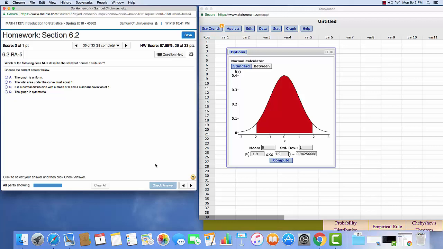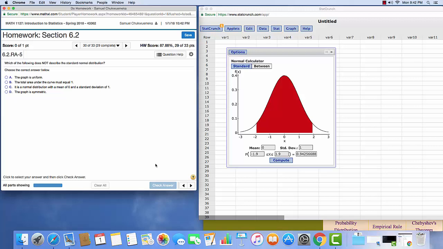Question 30. Which of the following does not describe the standard normal distribution? A. The graph is uniform. B. The total area under the curve must equal 1. Of course, it's not uniform. Total area under the curve is 1.